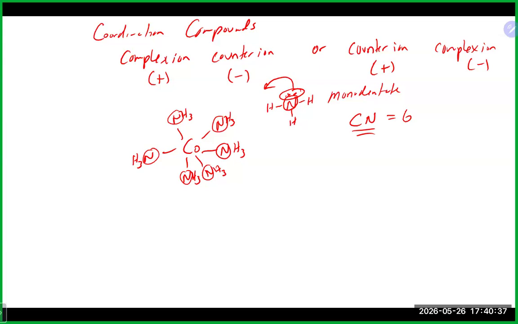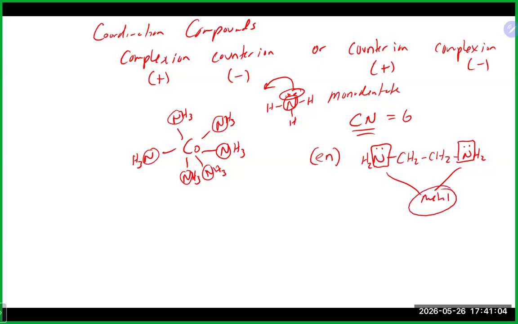Remember that not all ligands are monodentate. There are ones that attach in multiple places per molecule. We talked about two main ones. One was en, which is ethylenediamine, and it looks something like this. It has two amine groups on it, hence the diamine part of the name. Both of those nitrogens have the ability to attach to the metal ion, so you get a 2-for-1 deal in terms of coordination number.